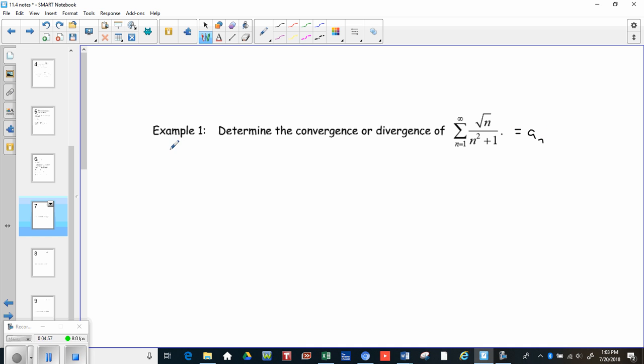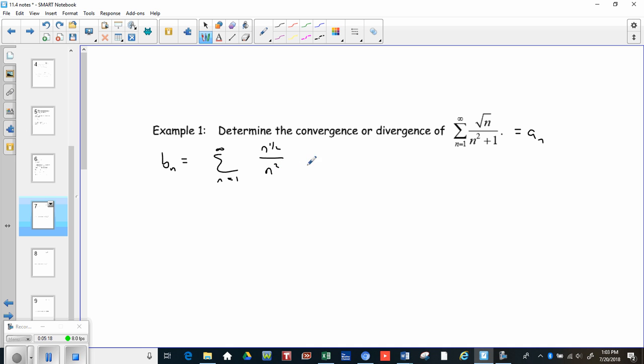We're going to call b sub n what we're going to compare this to, the sum of n to the 1/2 over n squared, which of course we can simplify because these two are common bases.